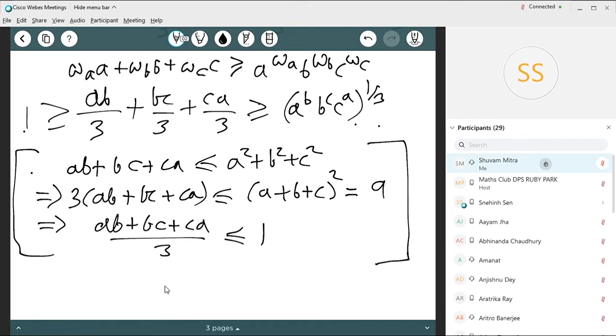So this, along with this bracketed thing, would give us A to the power B, B to the power C, C to the power A. Taking a third power preserves the inequality, because this is a positive quantity over here. Even third powers have this property that it's not necessary that it's positive, but because it's a positive quantity over here, you can take a third power and still preserve the inequality.